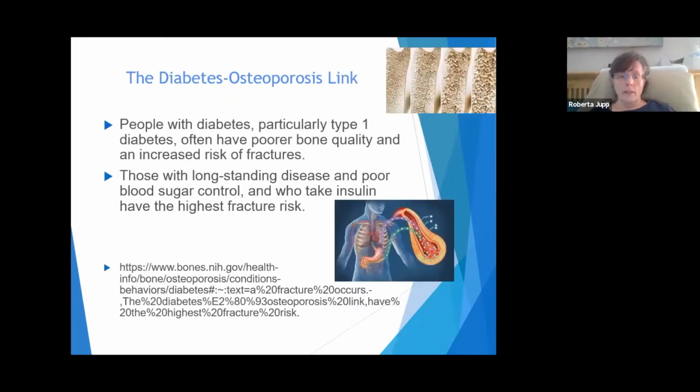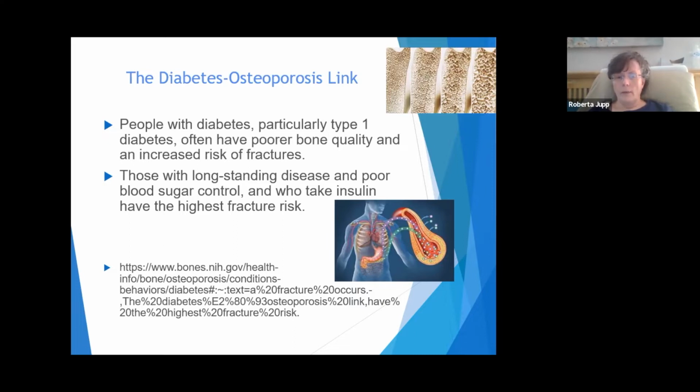So what is the diabetes and osteoporosis link? Well, people that have type 1 diabetes particularly have poorer bone quality and increased risk of fractures. And that's usually because they're diagnosed early in life. Anyone that's had poor blood sugar control and people who take insulin have the highest fracture risk.